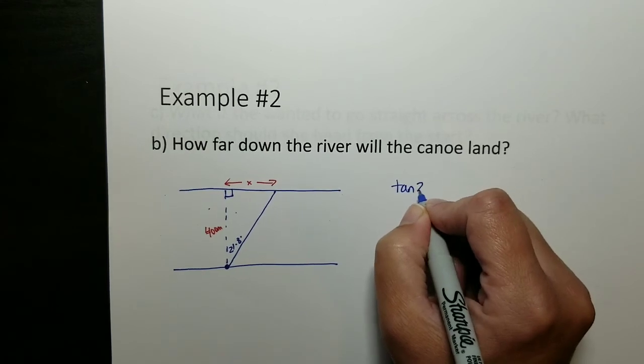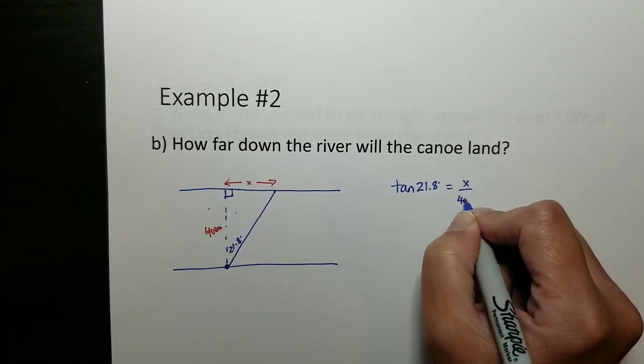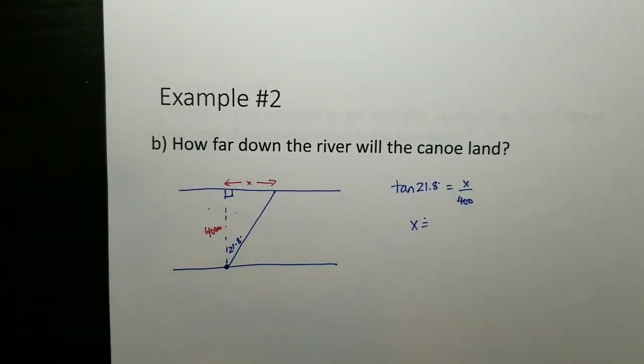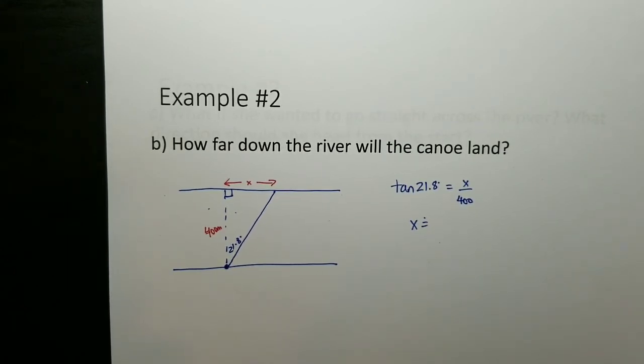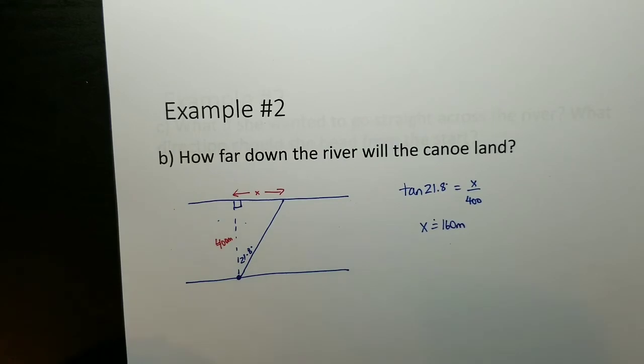So tan 21.8 degrees is X over 400. So we get 160 meters.